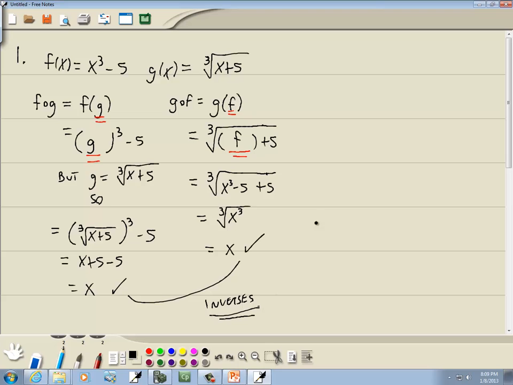Now graphically. Well, graphically, let's talk about what we're looking for. Now x to the third minus 5. That's the graph of x to the third, and the minus 5 means it's been shifted down 5. And I'm going to roughly do it here, and then we'll talk about how to do it on the calculator.